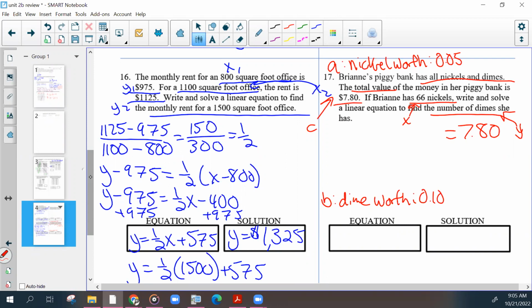So we have 0.05, we have X, we have 0.10, and sorry, our X is 66. So now I'll use these numbers and variables to come up with our equation.